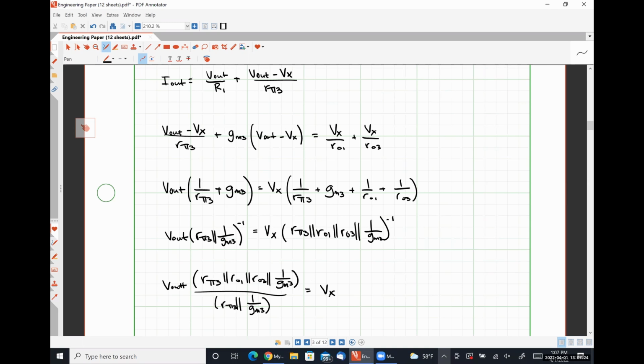Would it maybe be better to do I out prime, V out prime, for R1? Quite likely, yes, because we know that it's just going to be in parallel with R1.